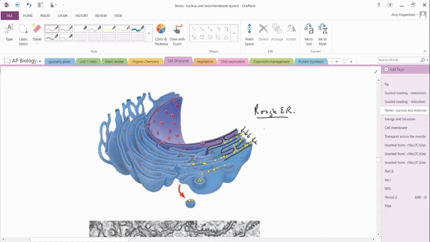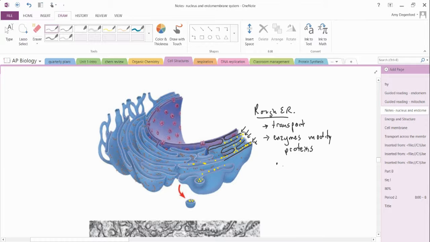So what does the rough ER do? Well, it can serve as a means of transport, to take a protein to a certain spot. But oftentimes, you're going to see enzymes within the rough ER that modify the proteins that are made in there.